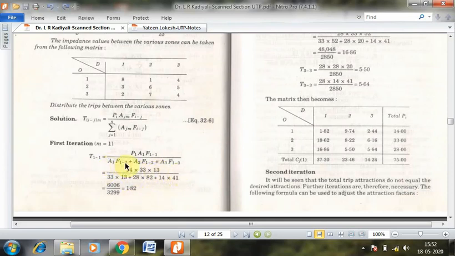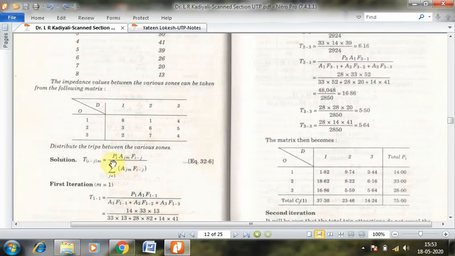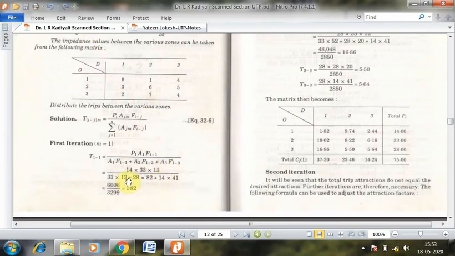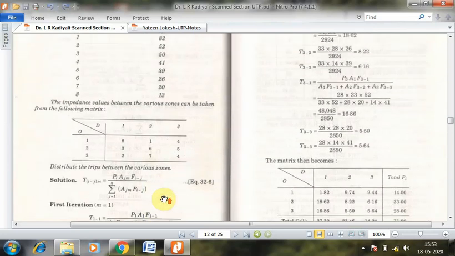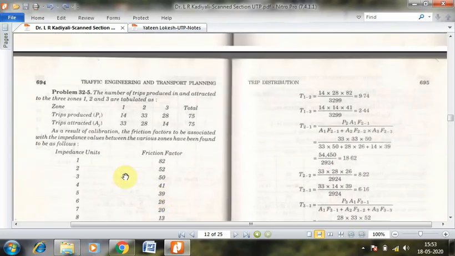A1 F11. So A1 was 33. That 33 is to be written here, multiplied by F11. F11 is the friction factor between 1 and 1. So if the origin is 1 and destination is 1, the impedance unit is 8. Correspondingly, the friction factor is 13, plus A2 F12. A2 is what? A2 is this.